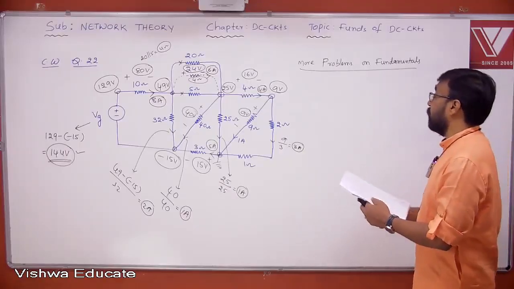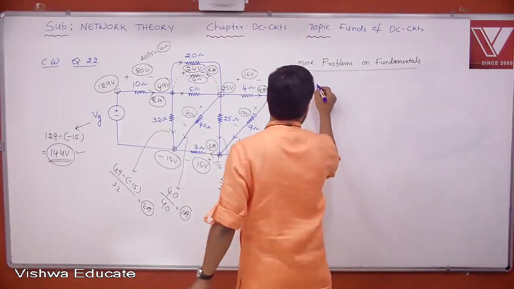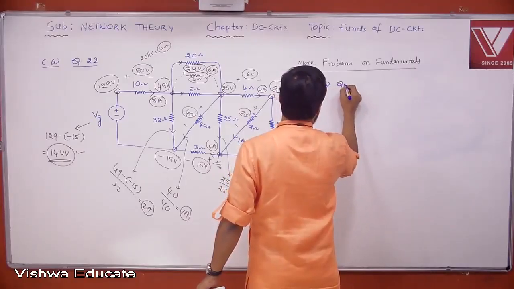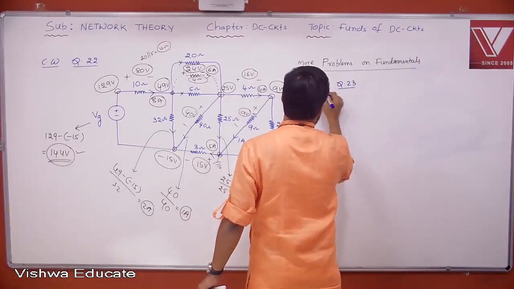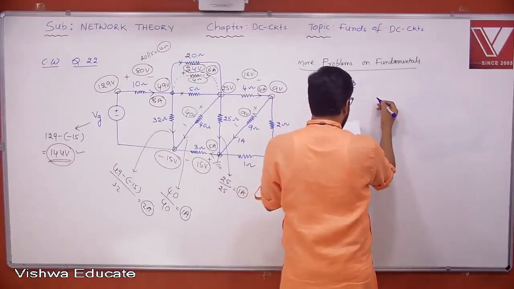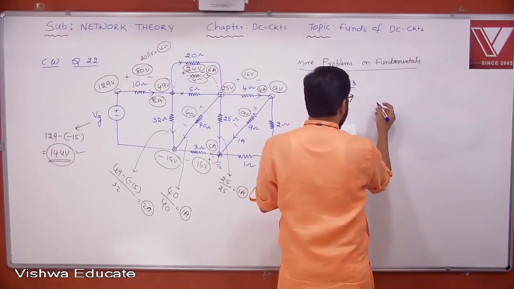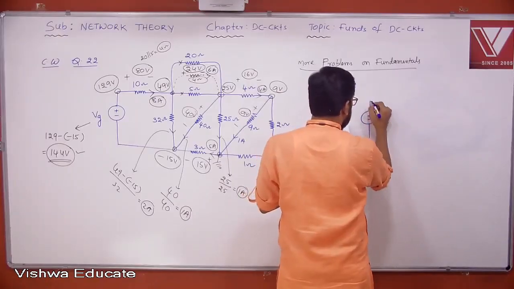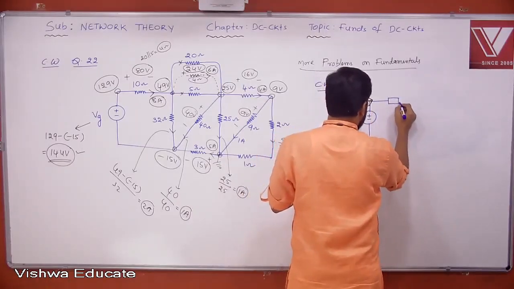Start with question number 23, classroom workbook question number. Determine the power supplied or absorbed by each element. Yes or no? So you have that problem with you. Please open that classroom workbook.